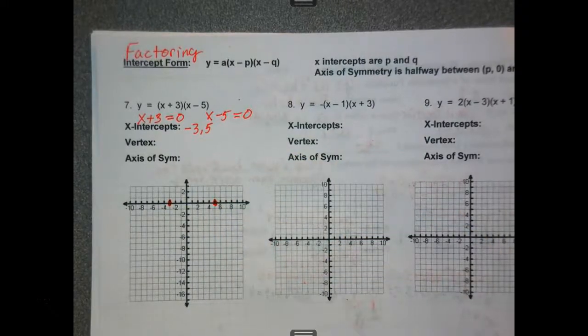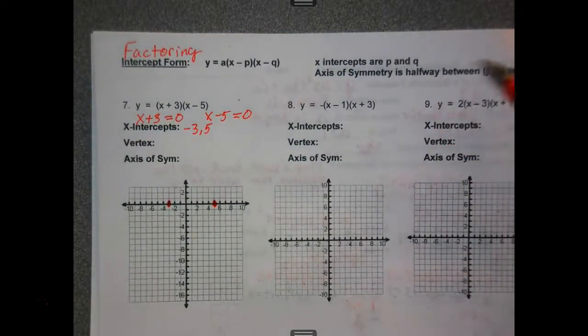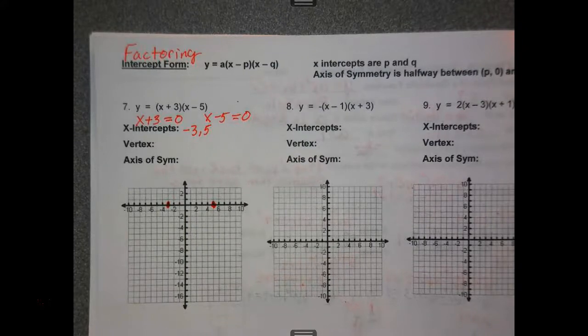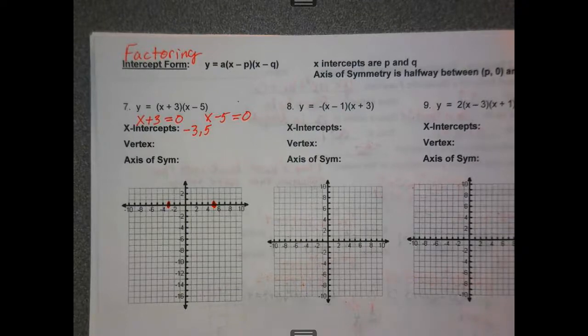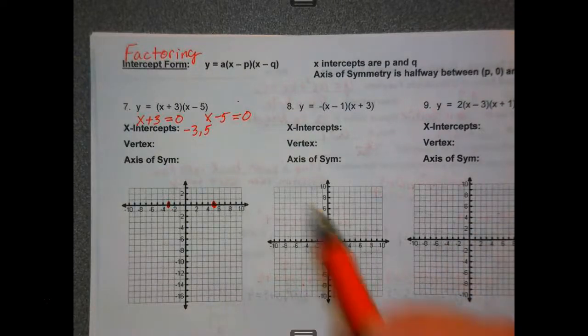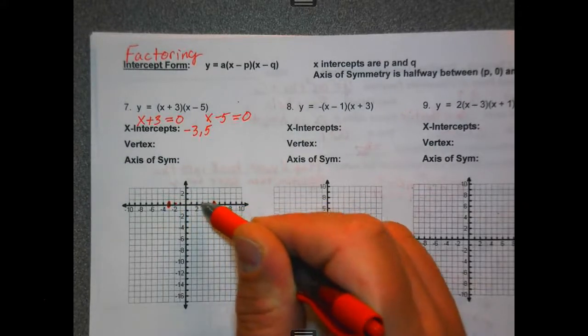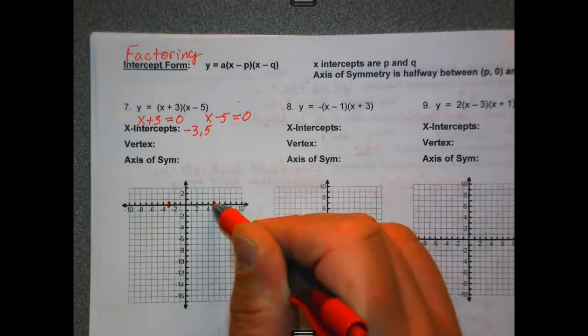Now, the axis of symmetry. It's halfway between (p, 0) and (q, 0). This is the easy way. You're not going to find this anywhere, so listen. 1, 2, 3, 4, 5, 6, 7, 8.